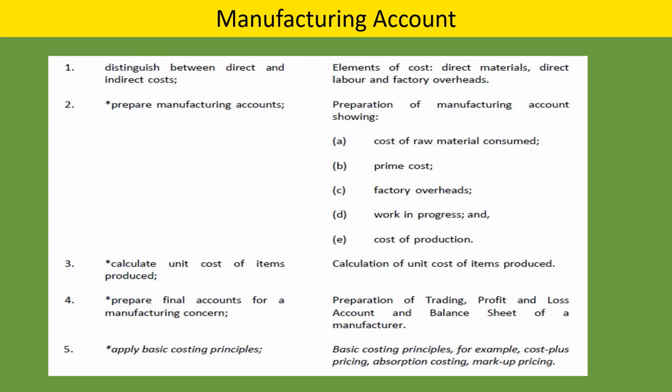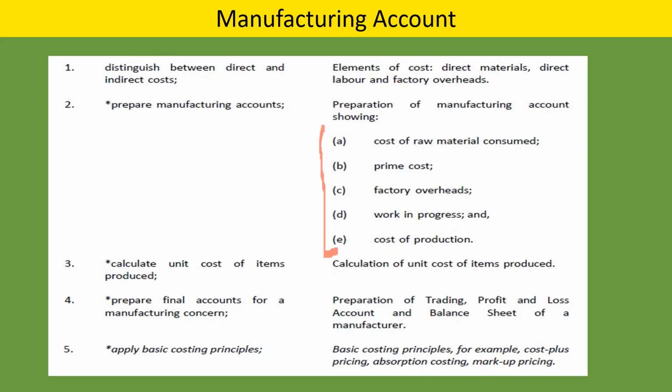You should be able to prepare manufacturing accounts. These are the sections that you have in the manufacturing account here: cost of raw material used, prime cost, factory overheads, work in progress, and the cost of production.